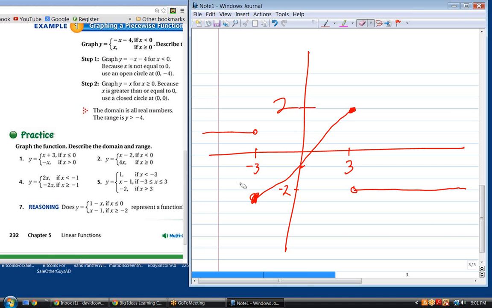Therefore, it is not continuous. And that's all you need to know for now, the definition of continuity. Again, a higher math skill that you won't need for a while, but worth knowing. And we might as well talk about it when we're talking about piecewise functions, because those are the most common functions that are not continuous.